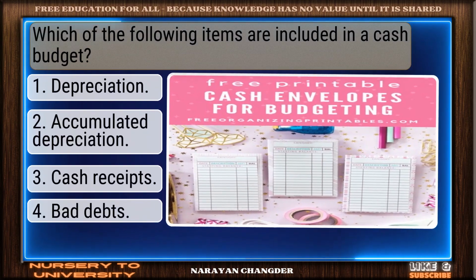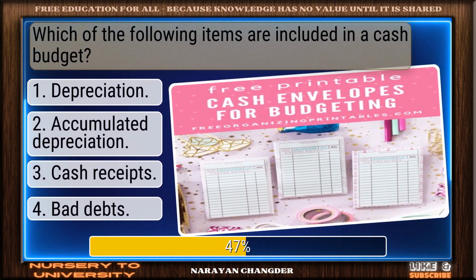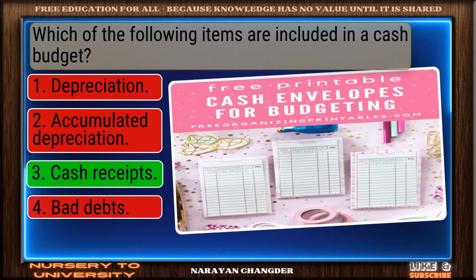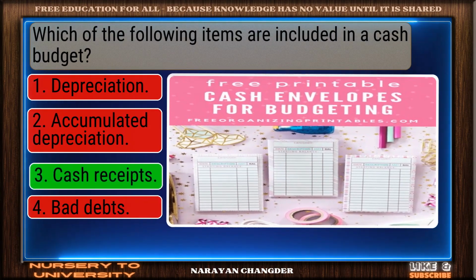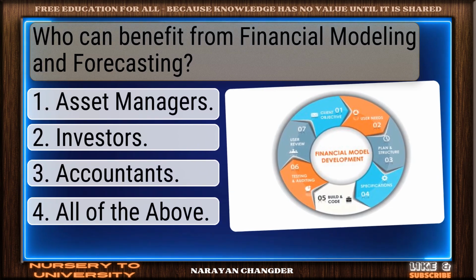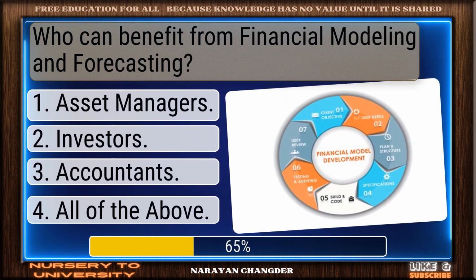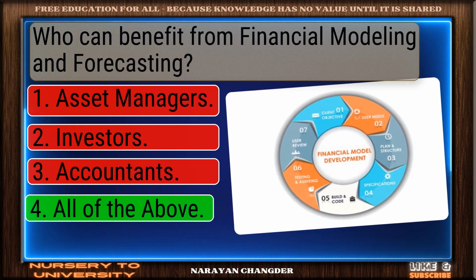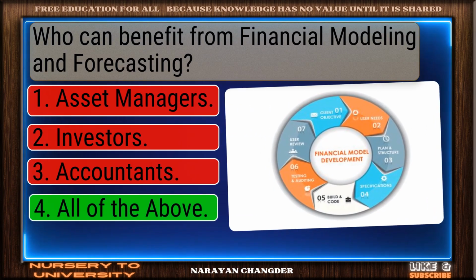Which of the following items are included in a cash budget? Good thinking. Cash receipts is the right answer. Who can benefit from financial modeling and forecasting? Well reasoned. All of the above is the correct choice.